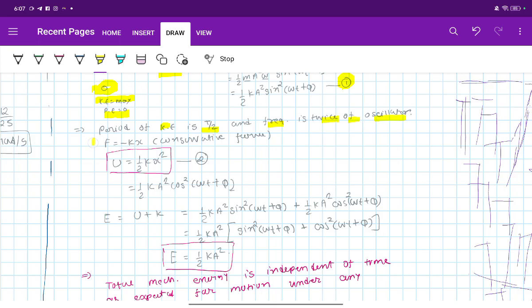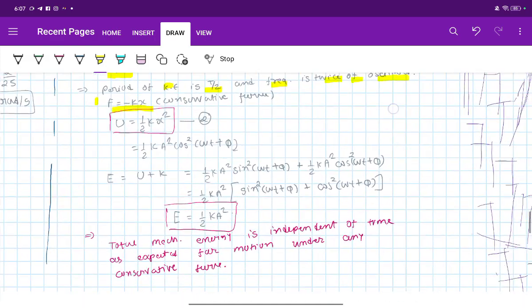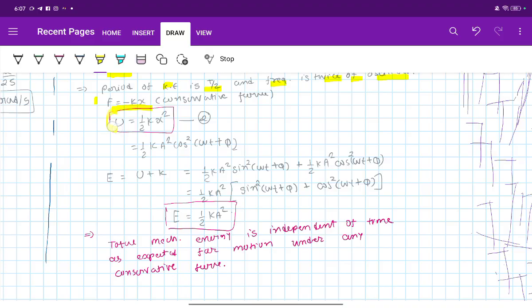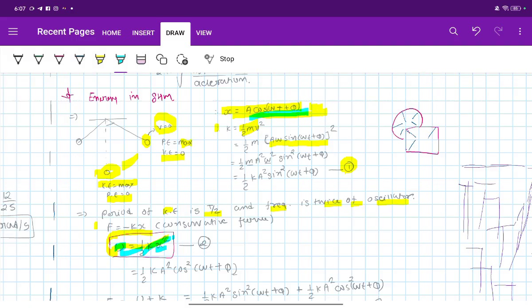Here the force is a conservative force, because F is minus kx. It is always directed towards the mean position. And potential energy is given as U = half kx². And x was, again, A cos(ωt + φ).